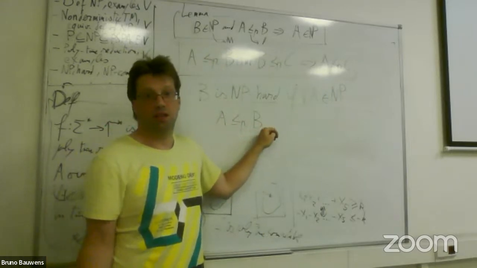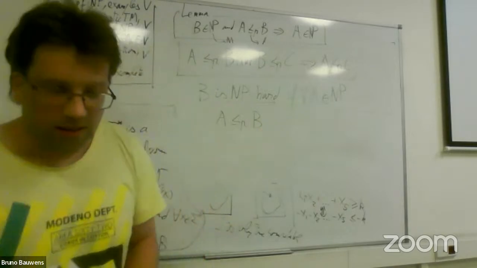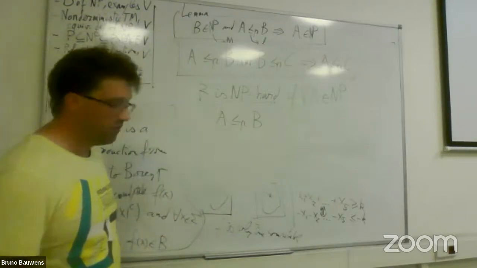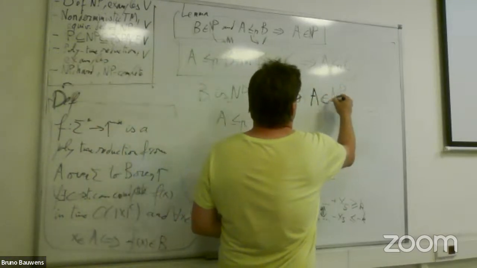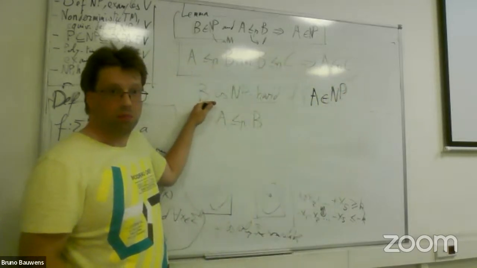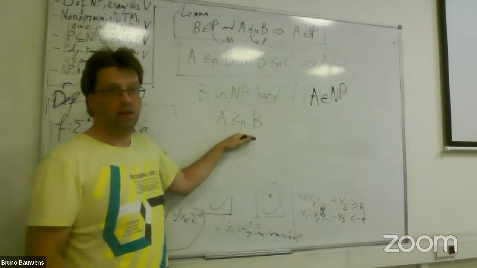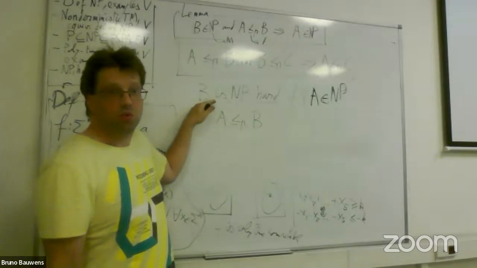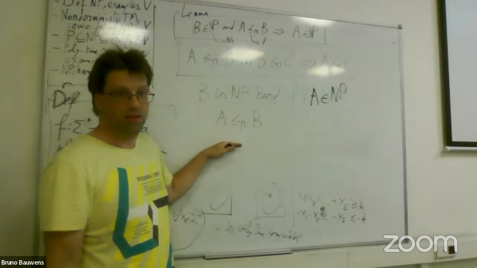And so there are two interpretations of being NP-hard. One can say that if you find an amazing algorithm to solve problem B, you have an amazing algorithm for essentially all problems in NP. Or you could say that's negative news: you will never find a good algorithm for B, because then you would find a good algorithm for all problems in NP.